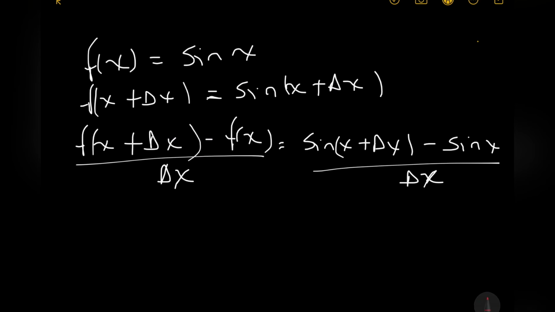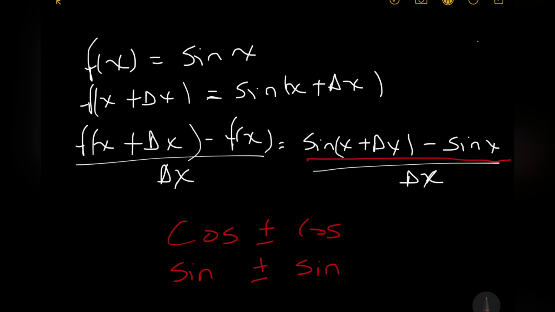Now we need to simplify, as before, what's in our numerator. And as I said, we could do this two ways. The first way we used what's called the cos minus cos formula, or sine minus sine, or sine plus sine. It's basically the cos plus or minus cos formula, or sine plus or minus sine formula.